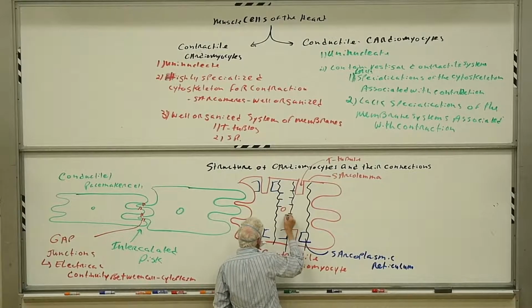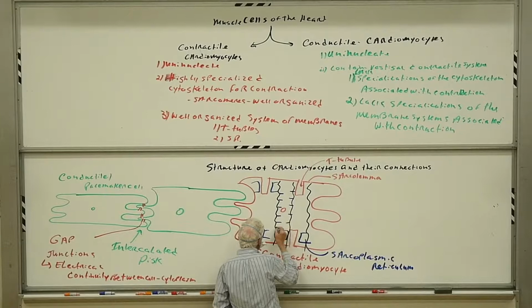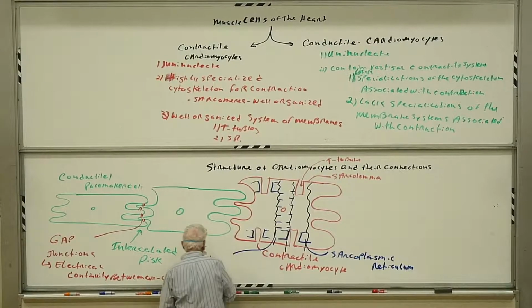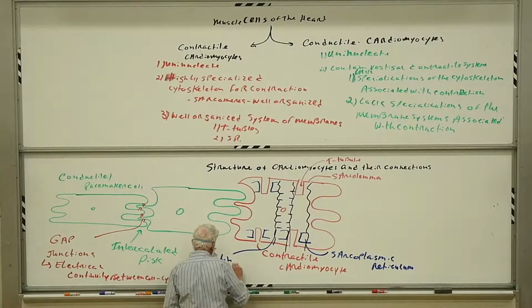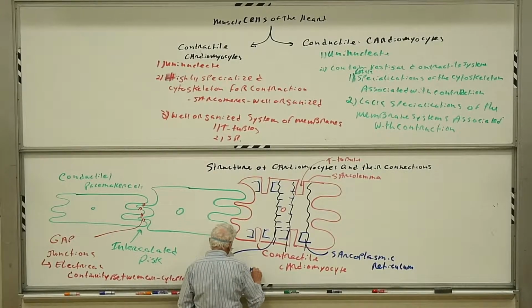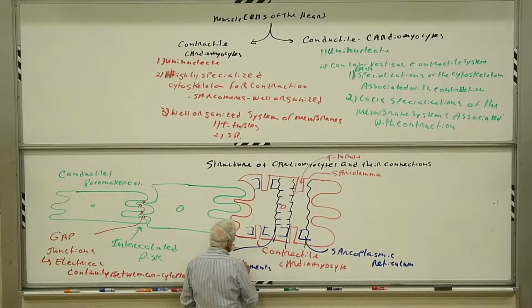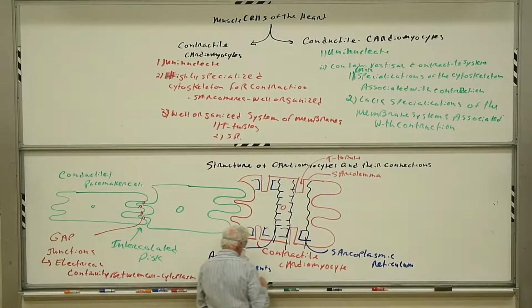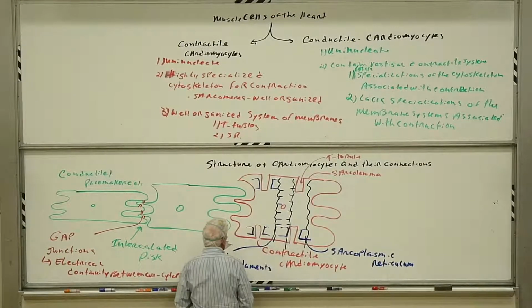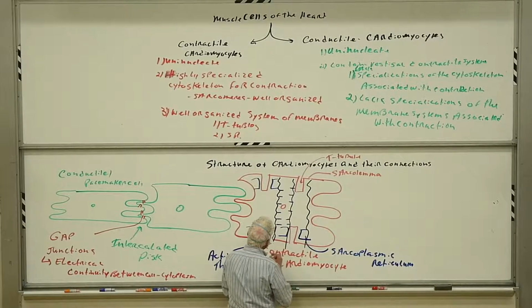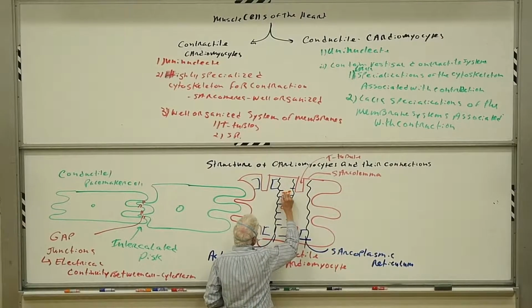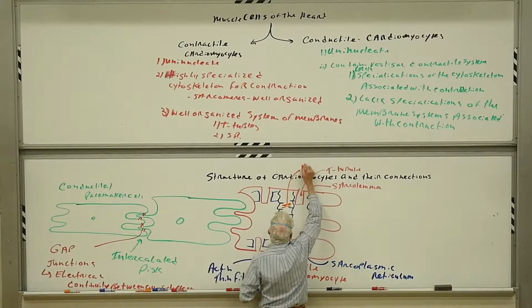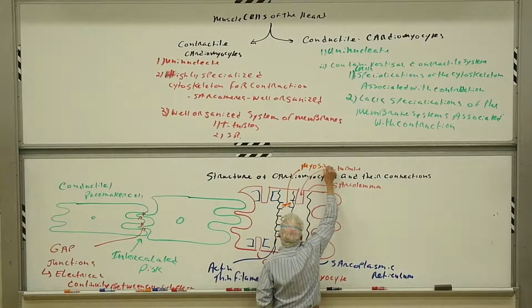So there are these actin thin filaments. The actin thin filaments are attached to the Z lines, and between those actin thin filaments are the myosin thick filaments.